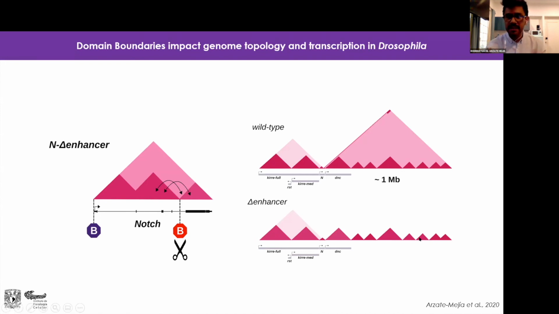So with this data, we think that we provide, of course, by analyzing a single locus, evidence that in Drosophila there are genetic sequences that can really affect the three-dimensional organization of the genome and can impact transcription.